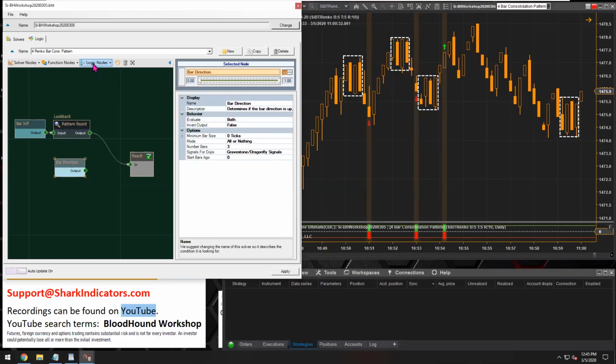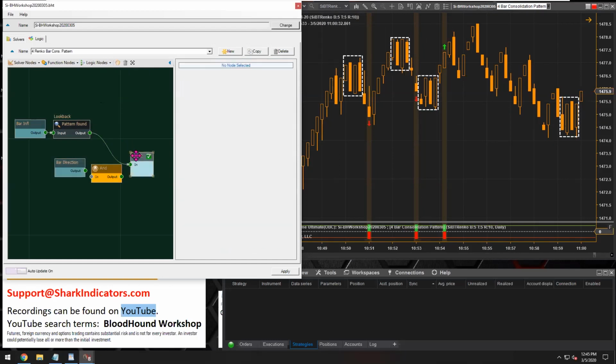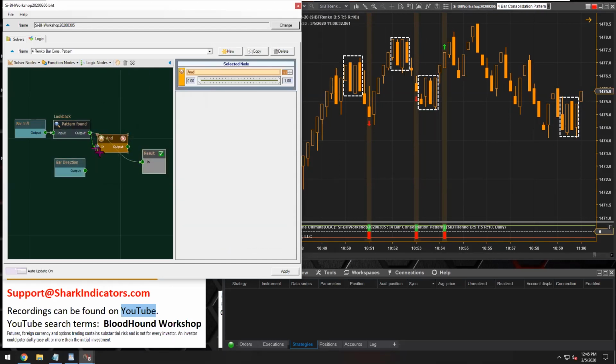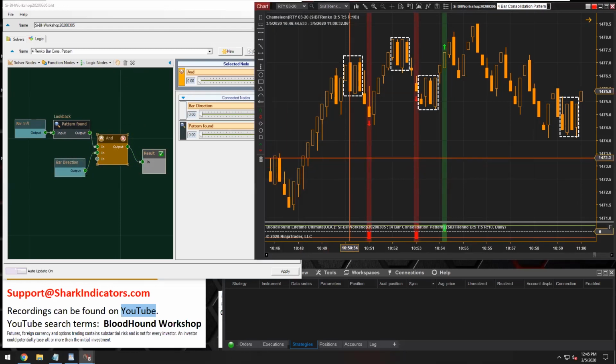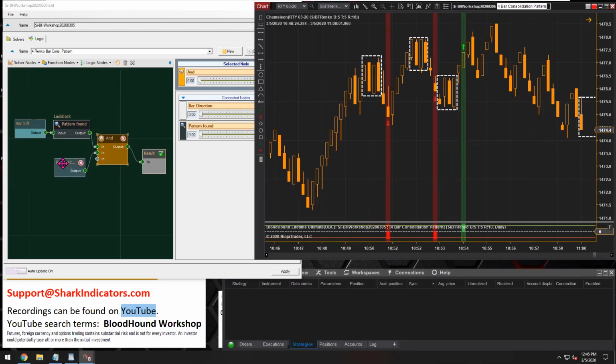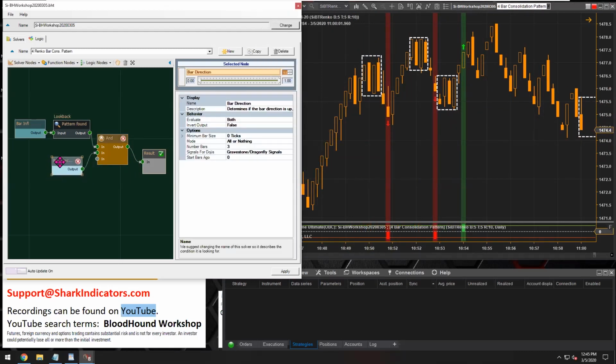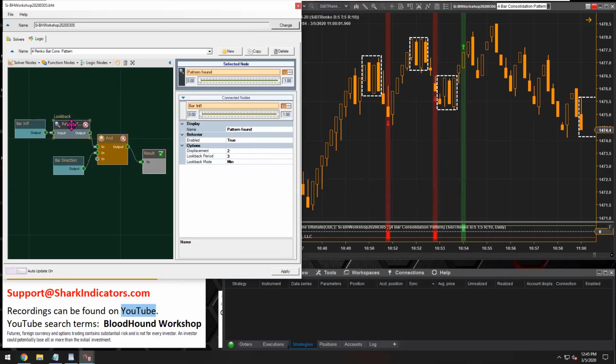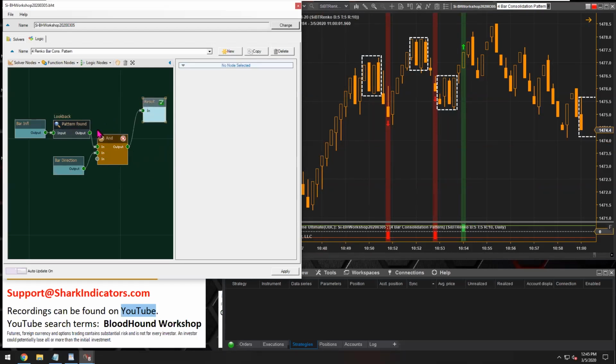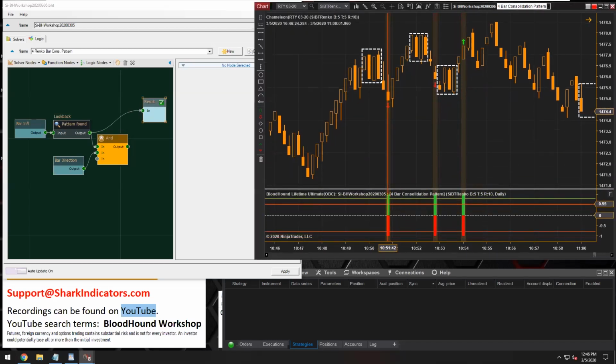So now I can take an AND node and combine those together, and then I actually have a directional signal. The bar direction is providing a directional signal, whereas the look back node that's finding the pattern is giving us both long and short, because it's just a pattern.